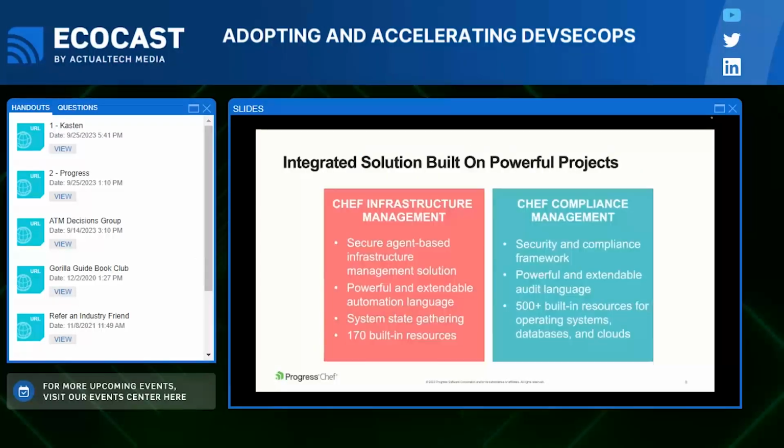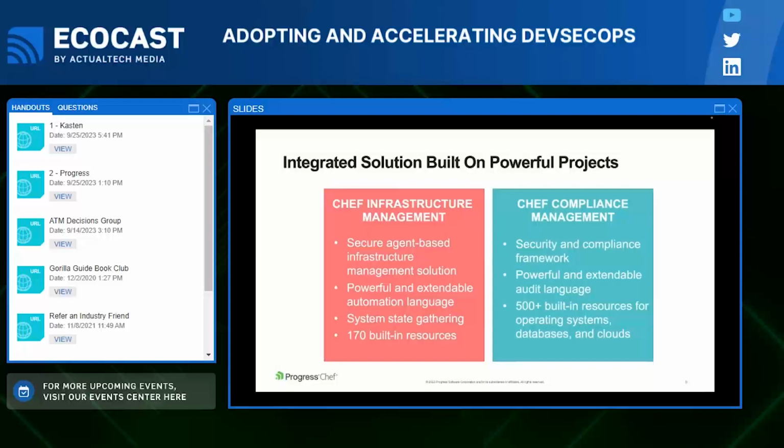The way we do it is we split it up into two main focuses. The first one is the infrastructure management side of things. This is taking whatever that base environment is and configuring it and setting it up the way that we want. So maybe you want to set up a database server and have it configured a specific way. We allow you to put that in that policy and have it configured that way.